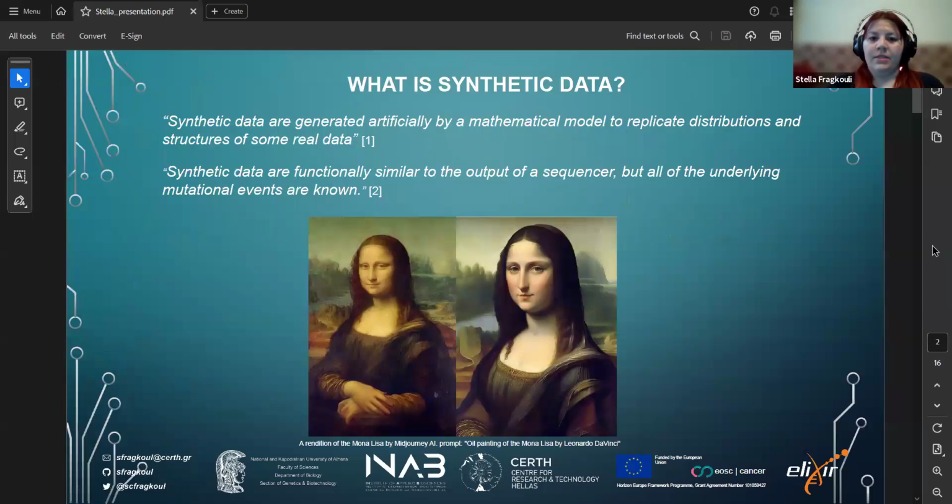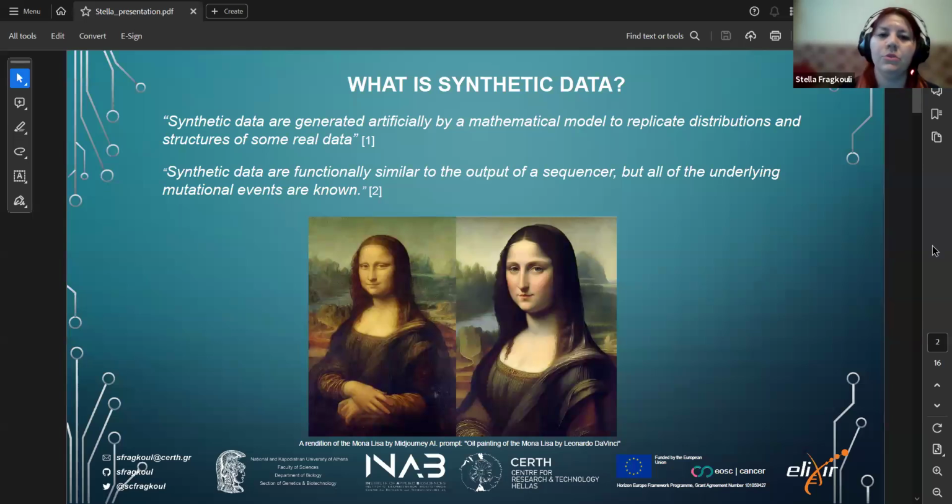So synthetic data is, in principle, when you try to capture the underlying mathematical model and the distributions so you can replicate the data without mimicking it, because we're dealing with patient data. Of course, we have a lot of privacy issues and concerns. So copying data is a big no-no in this field.